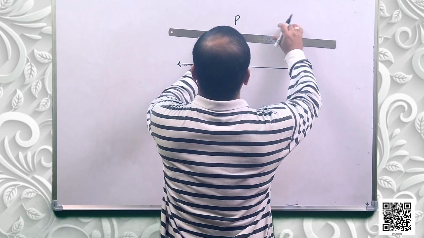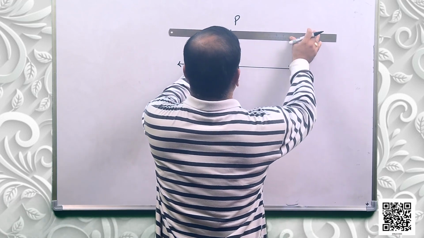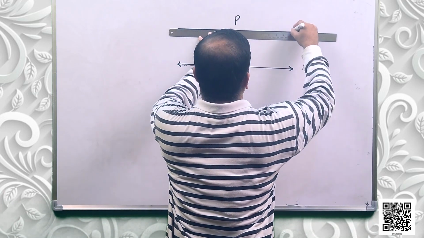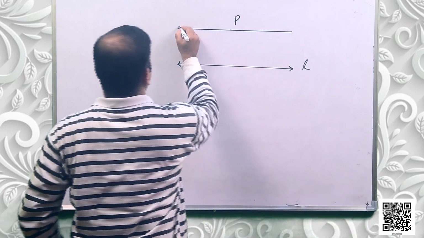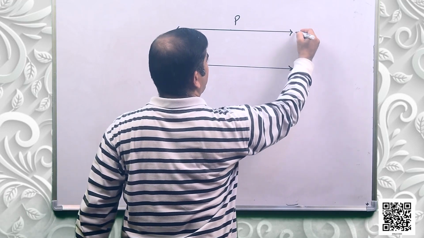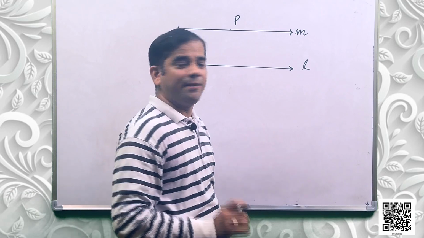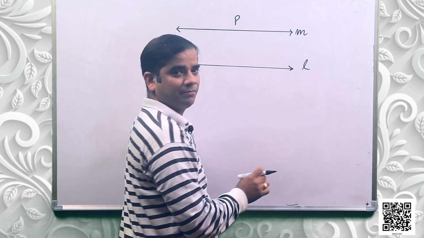That means if I draw a line M which goes through P, it is a unique line.